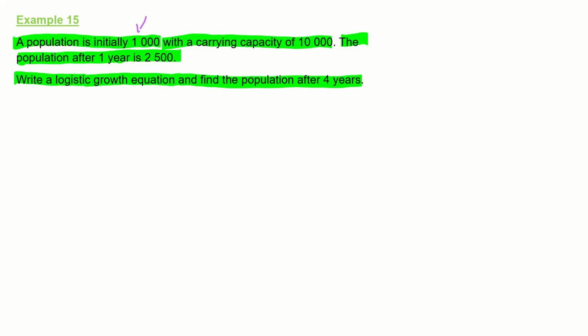So this is our P naught and this is our K. And so dP/dt is going to be rP, and then it will be (10,000 minus P), K being 10,000.